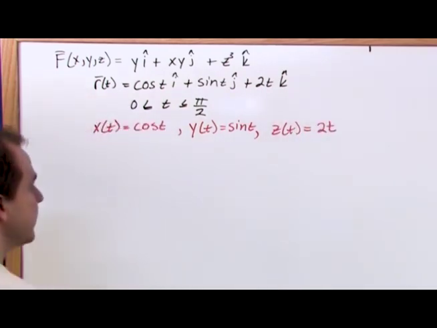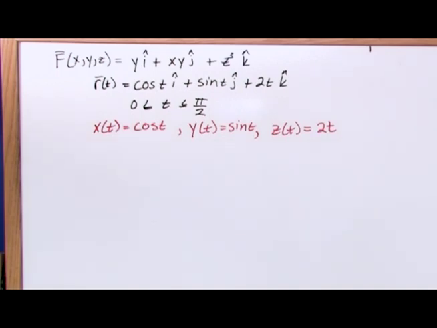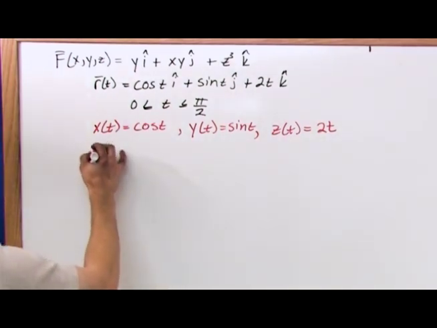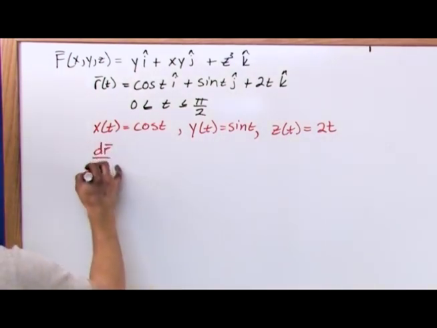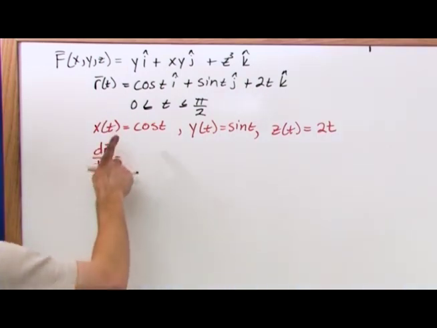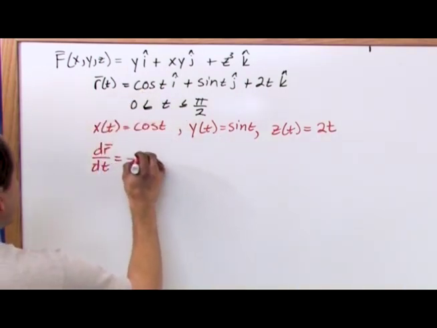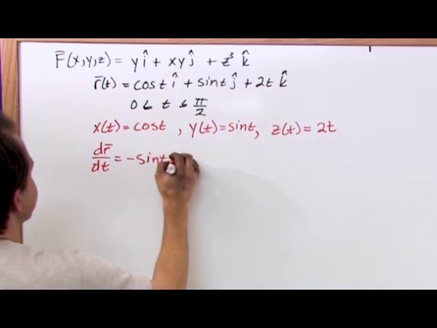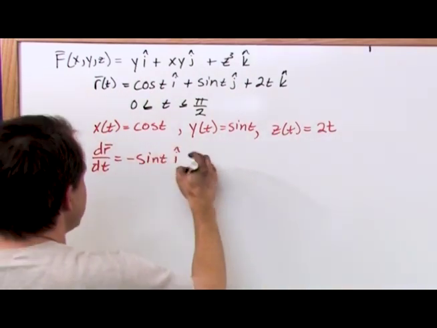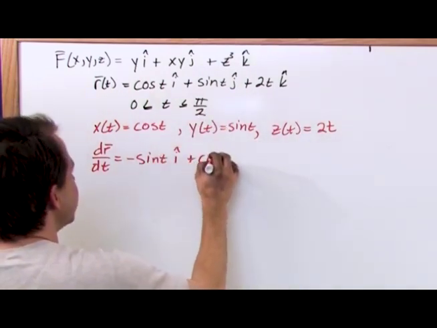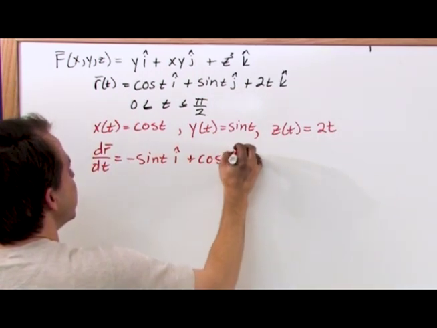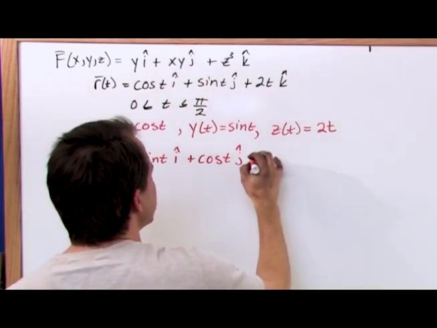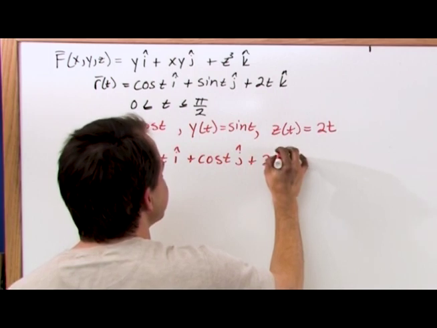That's just the definition of what comes in front of the different components of r. That's just something you write down. The next thing we're going to need to do is take the derivative of r with respect to time. Derivative of cosine is negative sine of t in the i direction. Derivative of sine is cosine of t in the j direction. Derivative of this is 2 in the k direction. Okay?